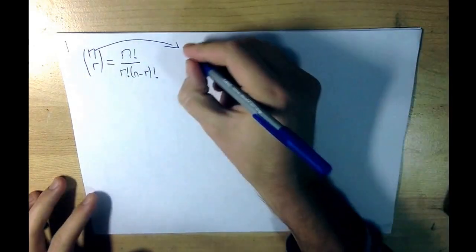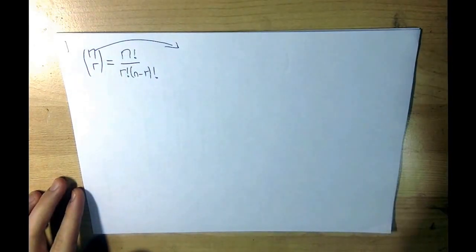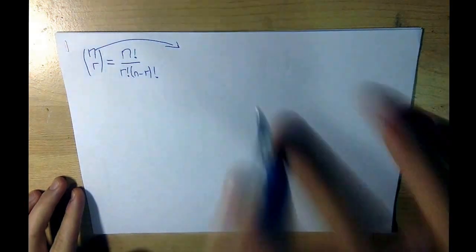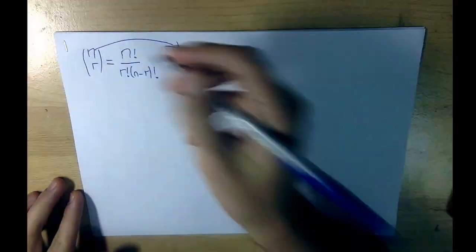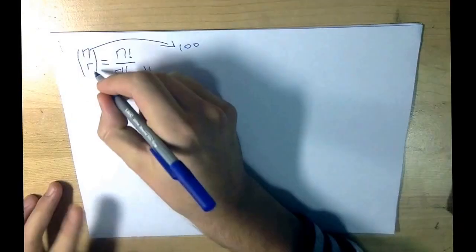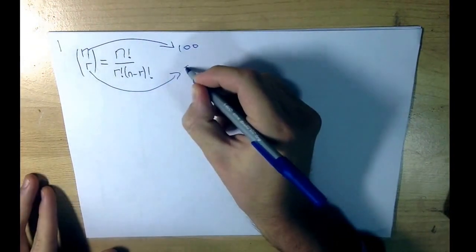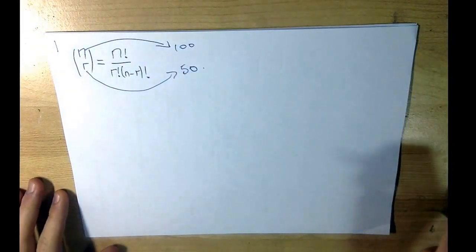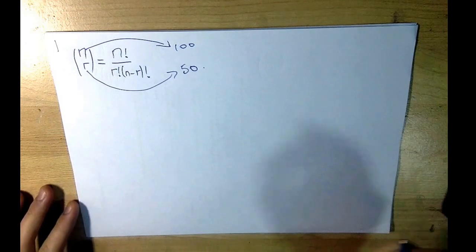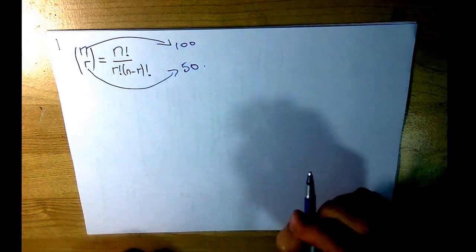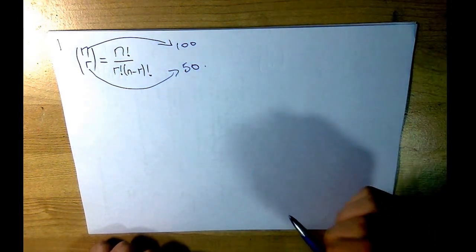So for instance, if you want to choose 50 people from 100 people, n is 100 and r is 50. Okay, so let's do a problem and then we can have a better understanding of combinations.